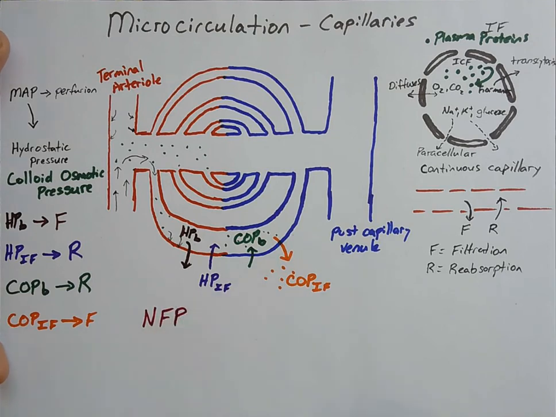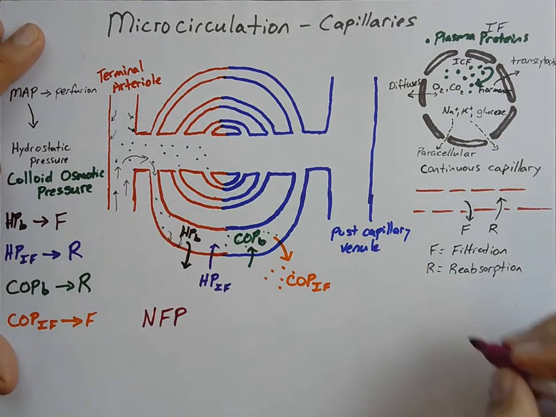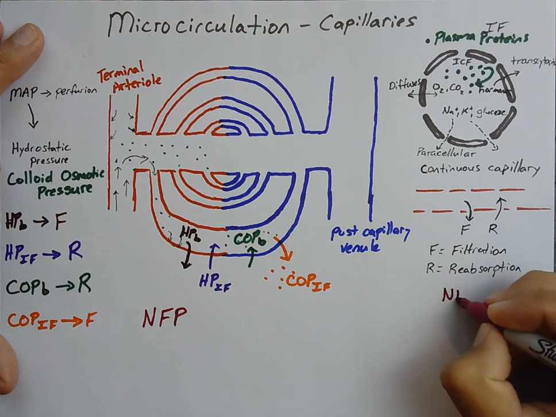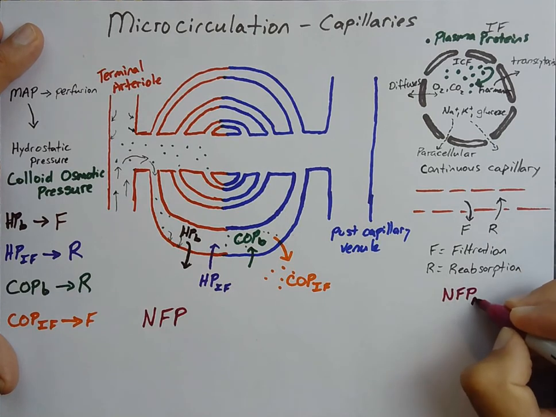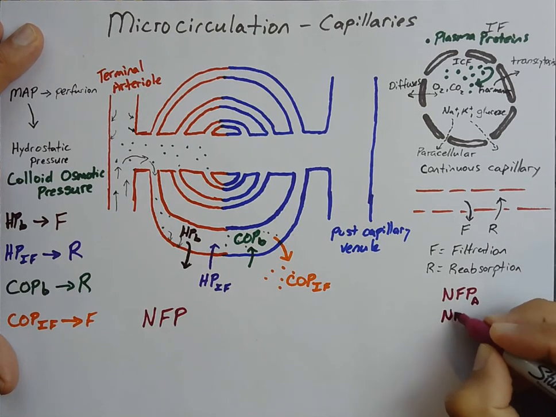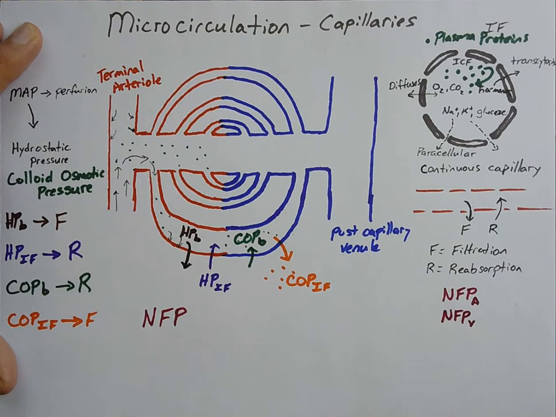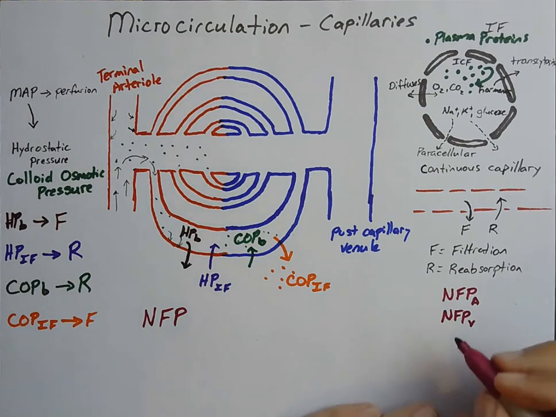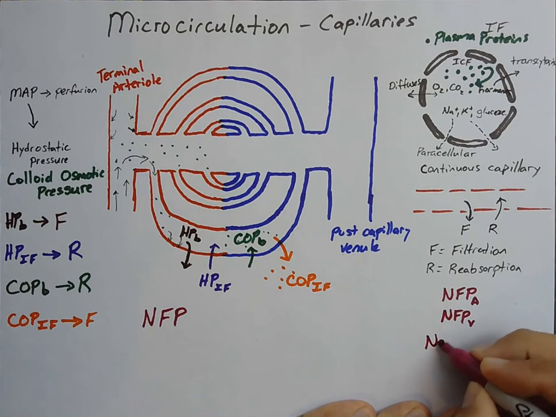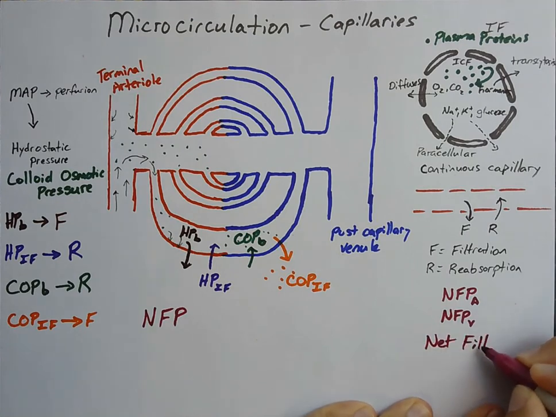Okay, there's net filtration pressure. Again, in the arterioles, there's net filtration pressure in the venules. And you can end up writing that out as NFP arterial or NFP venule. That's okay. But personally, I like to just write down, okay, it's net filtration pressure.